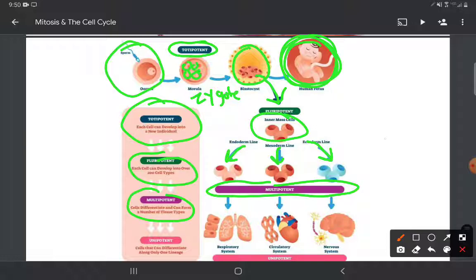The reason for this is because cells talk to each other to tell each other what to become. So the most valuable would be totipotent because they can become an entire person. Pluripotent can become any cell within a person, and multipotent is limited to the type of organ system they are harvested from.